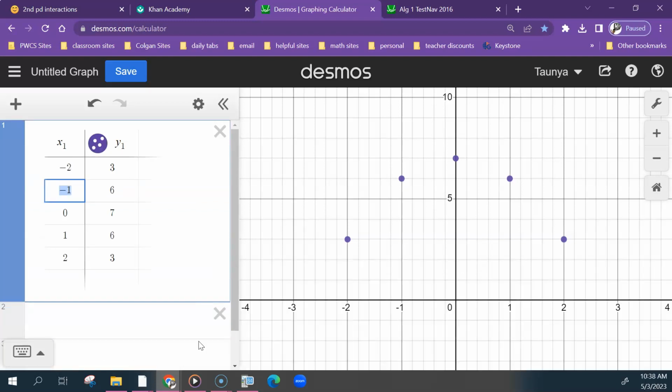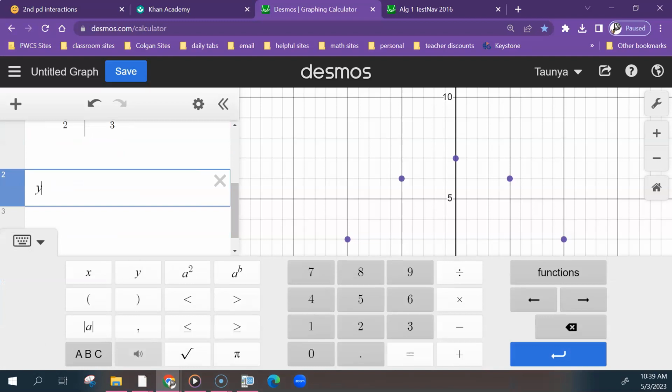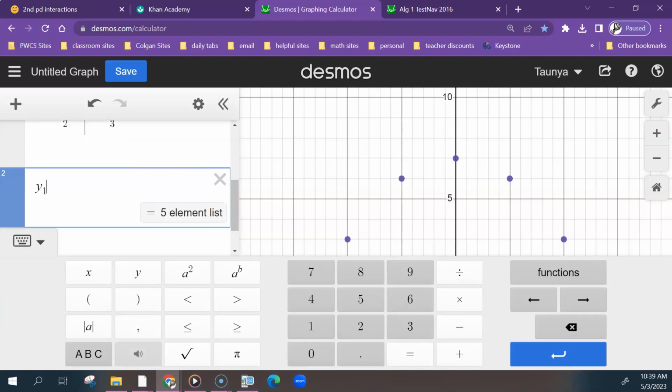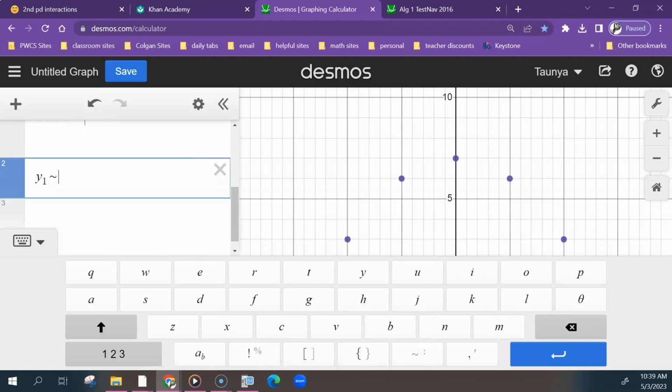Whatever numbers from your table are the x1 and the y1, that's what you're going to use. So y1. And this equation is on your paper if you need to see what it looks like. And then the squiggly line, the tilde, which is in your keyboard, or you can type it if you hit Shift and then the button above Tab on the left.